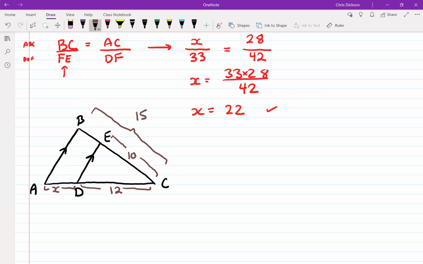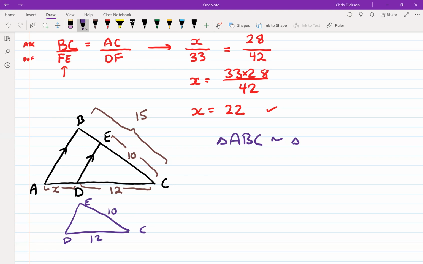So what do we know here? We've got 2 triangles. We've got triangle ABC, and is that similar to the other triangle here? I'm just going to draw DEC here. So that was 12, and that was 10 right there.